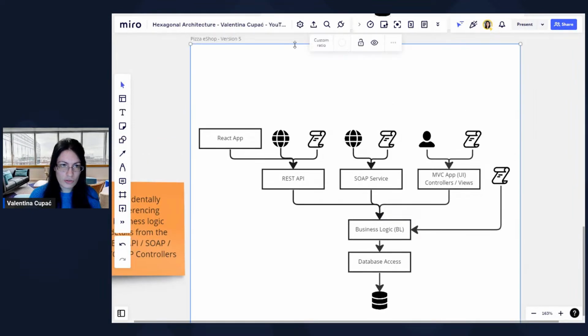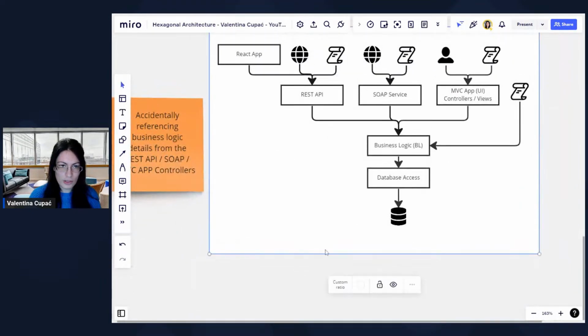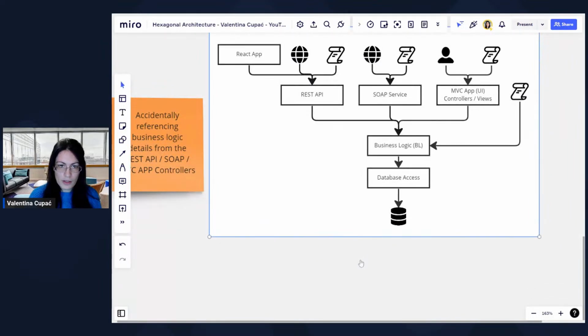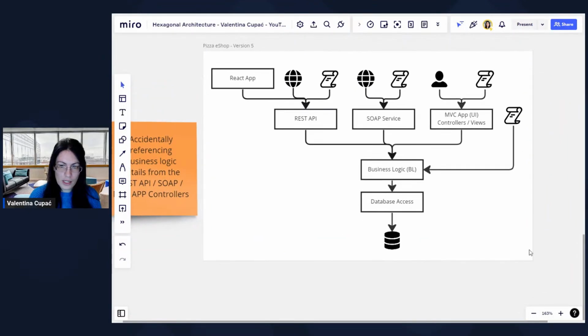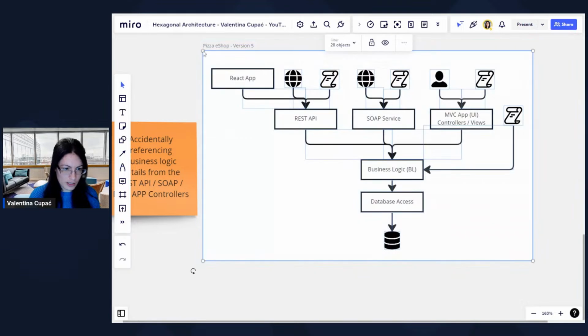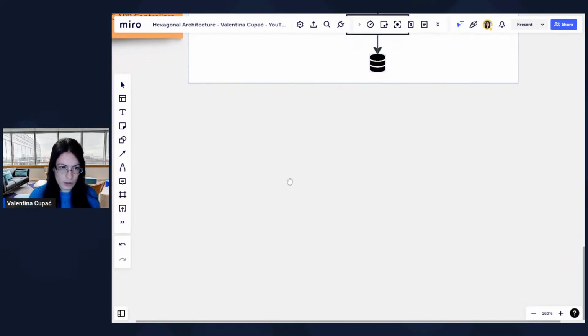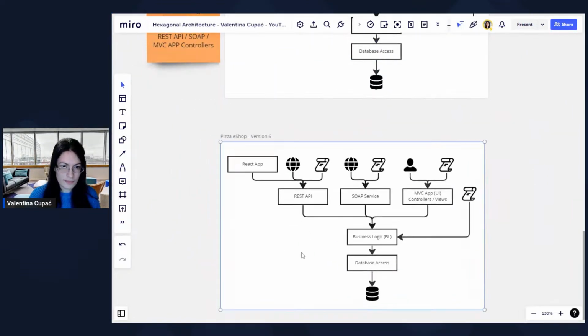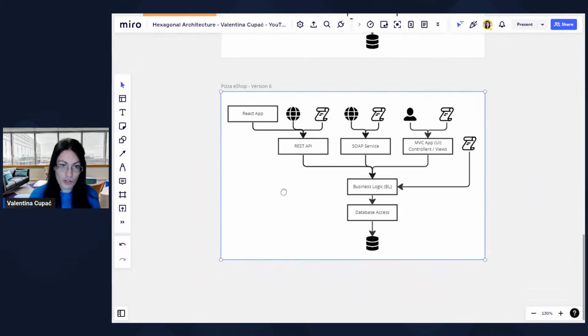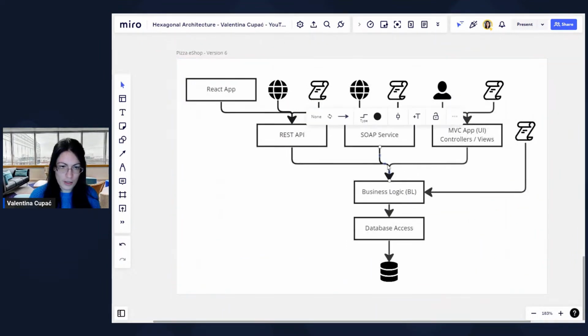So I'm just going to make this a bit smaller. And let's see if we can restrict access to our business logic so that not everyone can do anything that they want.